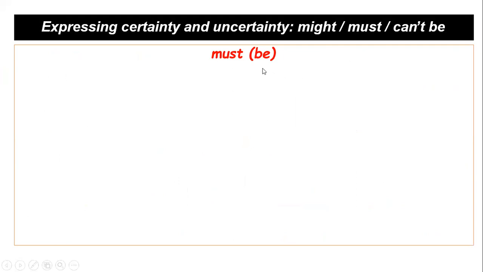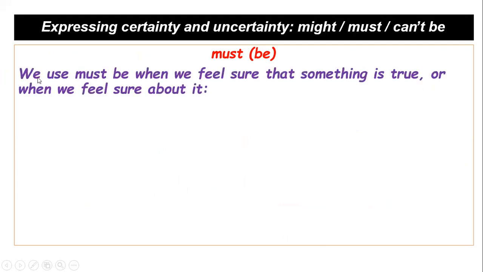Must be. لابد أنه. We use must be when we feel sure that something is true, or when we feel sure about it. بنستخدم must عندما نكون متأكدين من صحة شيء أو إن شيء صحيح. Look at the following examples.